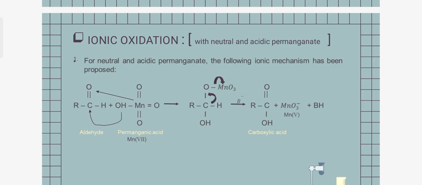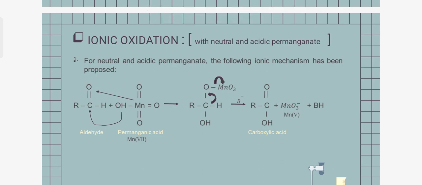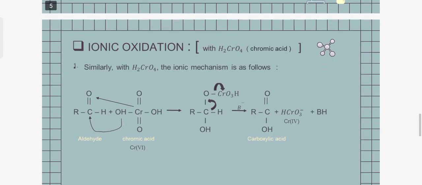So the OH is attacked on the carbon and MnO3 minus attacked on oxygen. So we get R, C, OH, H, O, MnO3. It gives us carboxylic acid, and the MnO3 minus is abstracted from the reaction, and the hydrogen reacts with B minus and gives us BH.